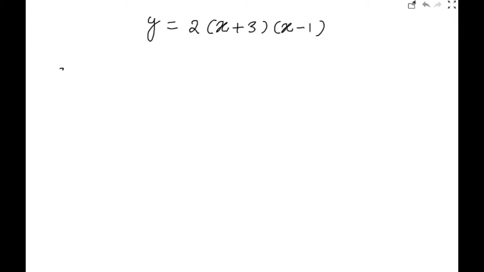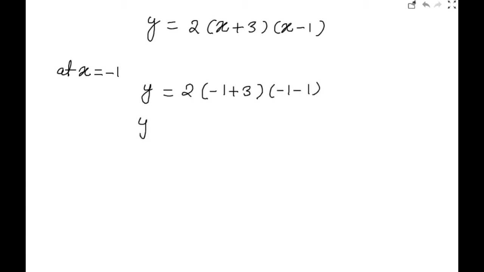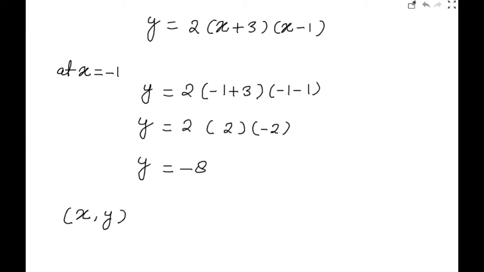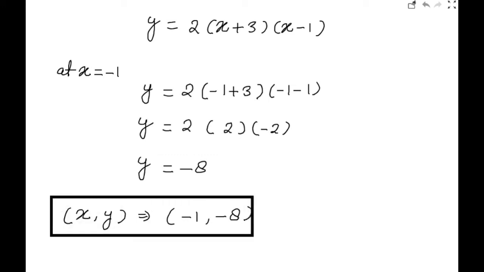We need to substitute the value of x as negative 1. 2 times (negative 1 plus 3) times (negative 1 minus 1). We'll simplify this. It's going to be negative 8. So we can write it as an ordered pair, negative 1 comma negative 8. It means that the vertex, or the turning point, of the quadratic function is negative 1 comma negative 8.